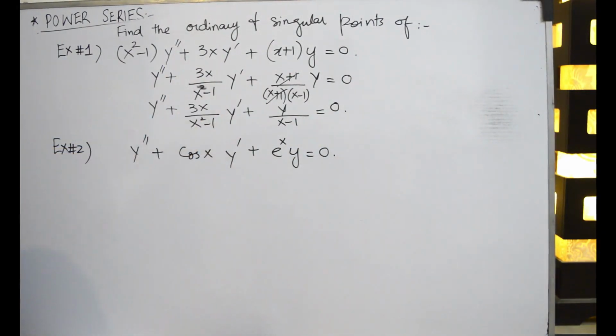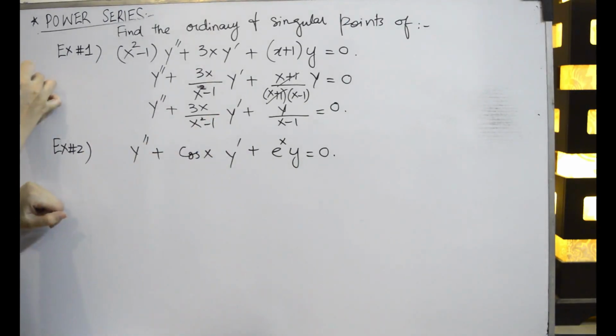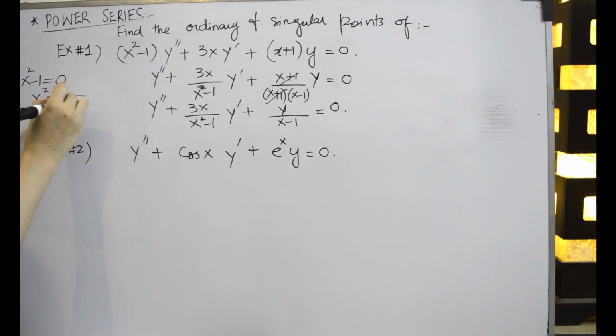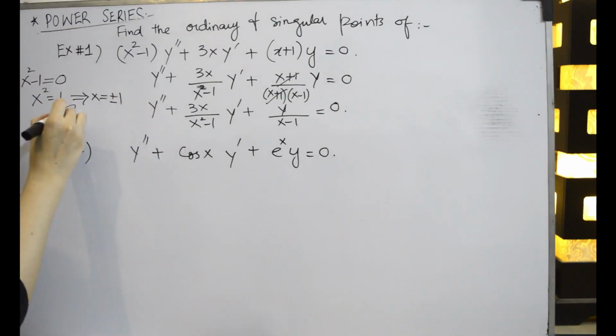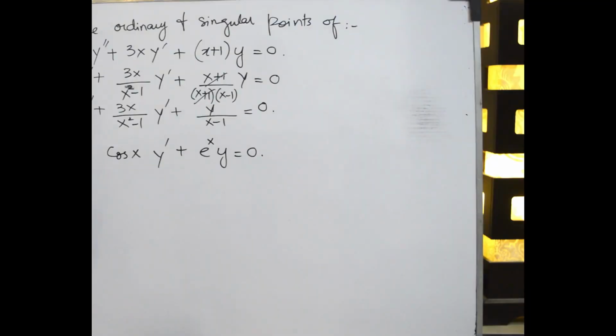So here, this term will give you the singular points. Singular points are where it is undefined, that is, where this denominator equals 0. That gives rise to x equals plus minus 1. So plus minus 1 are the singular points, and all the rest of the points are called ordinary points.